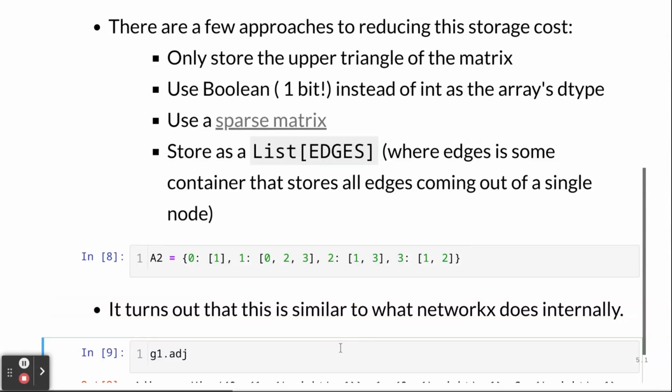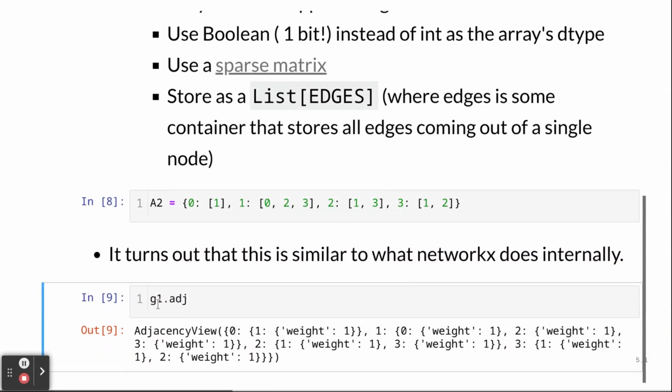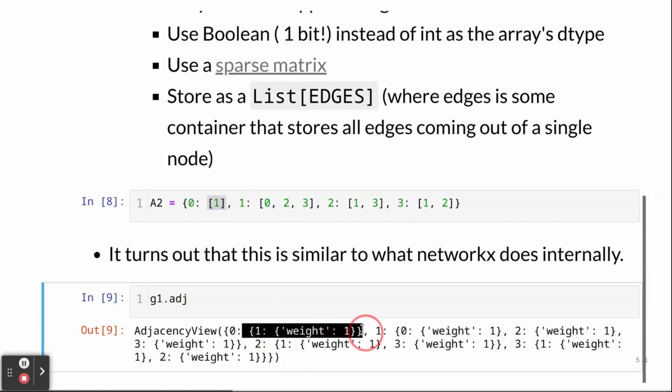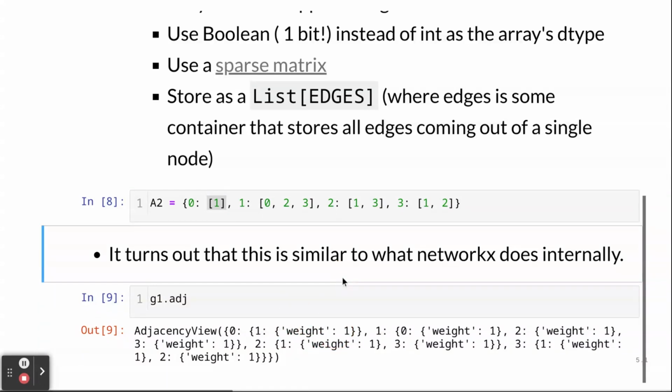And if we ask NetworkX to show us the adjacency matrix or adjacency view, this is really similar to what they're doing. So notice here they have what looks like a dictionary where the keys are the names of the nodes. So here this is key 0. Now the value, instead of just being a list of integers, is a little bit more general than that. They allow you to represent different strengths of connection between nodes.